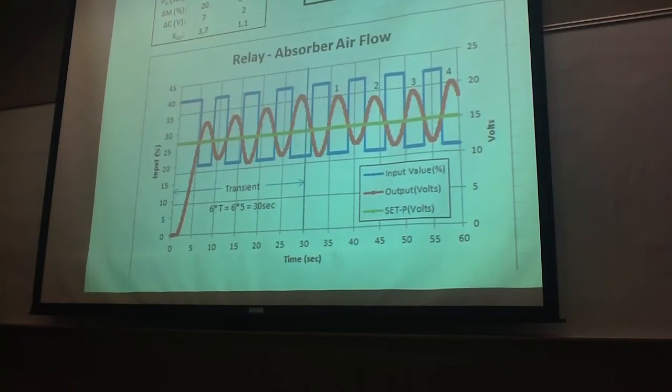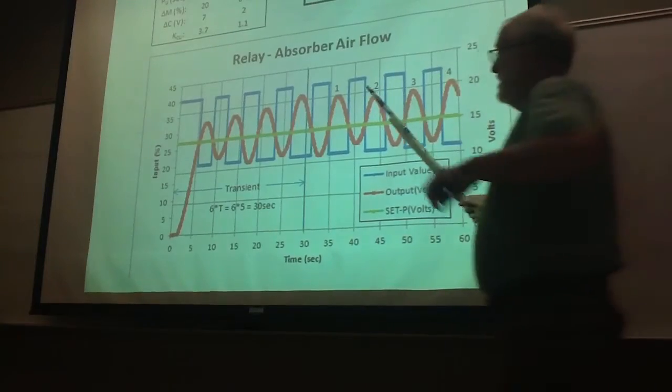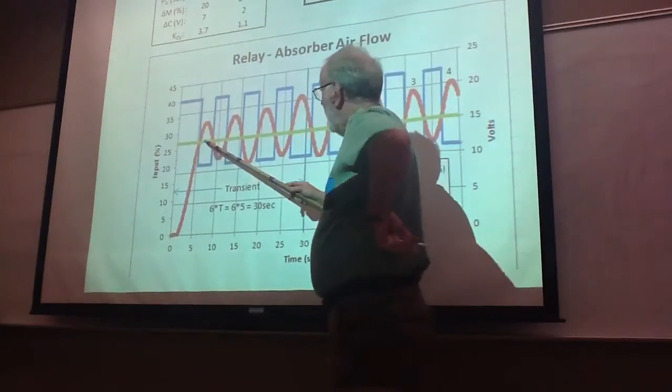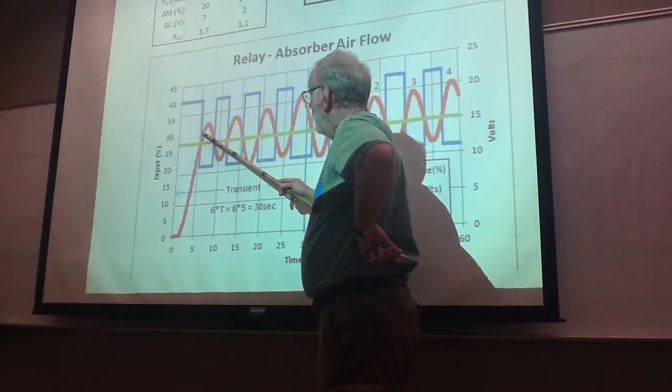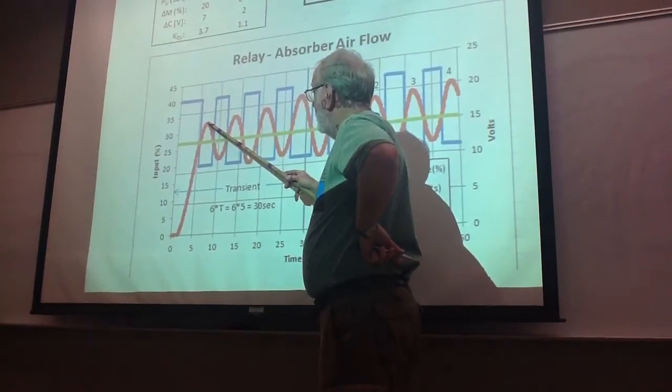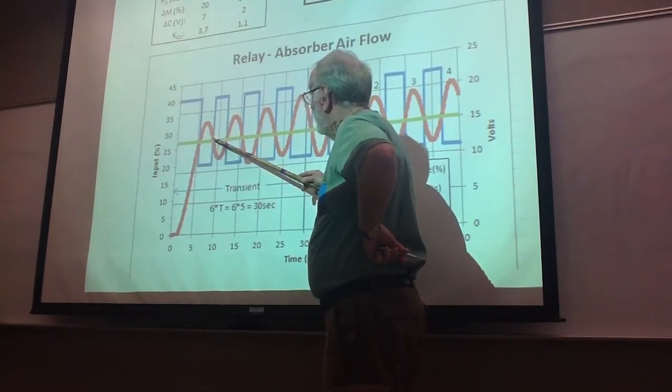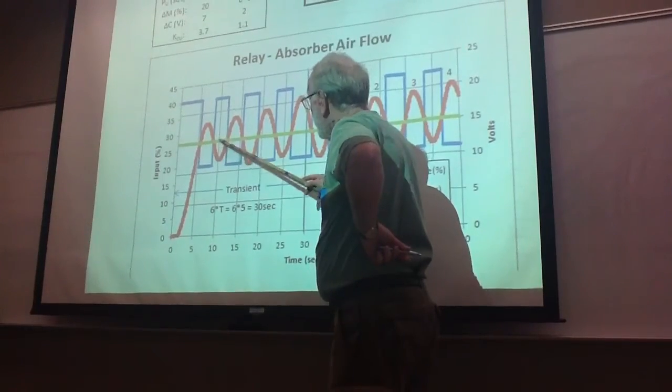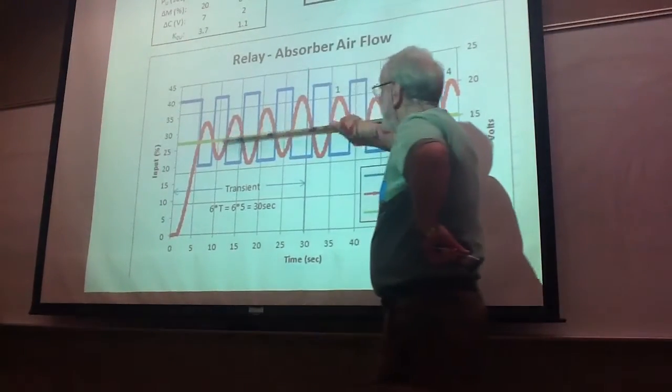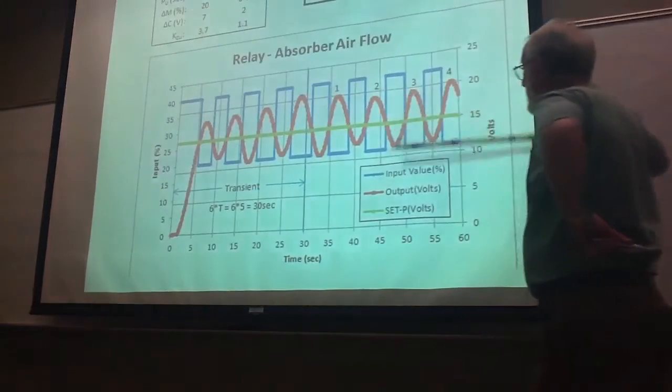Here's another one experiment. This one is airflow, so it looks the other way. As the output goes high, the input goes down. When the output goes down, the input goes high. So this is continuous oscillation.